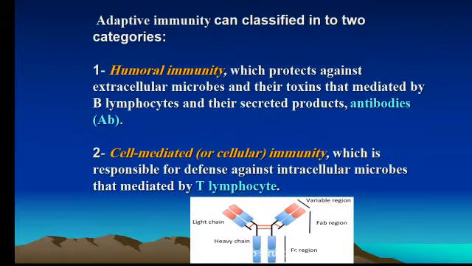We will repeat that just to understand it very well. Humoral immunity protects against extracellular microbes and their toxins, mediated by B lymphocytes and their secreted products, antibodies, AB.